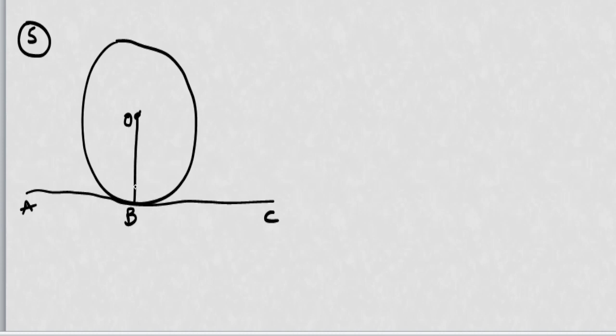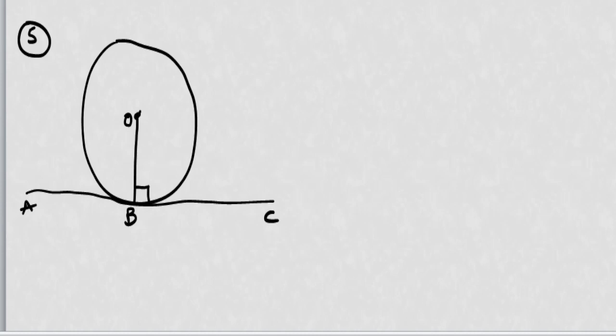Once they come in contact, they form 90 degrees. So the tangent and the radius are perpendicular at the point of contact. That's the first property on tangents. So we call it theorem number 5 on tangents.